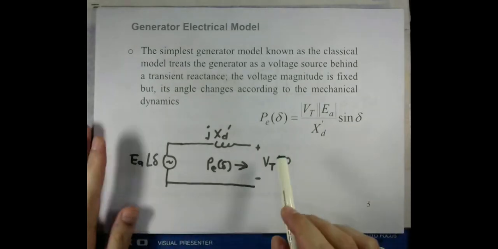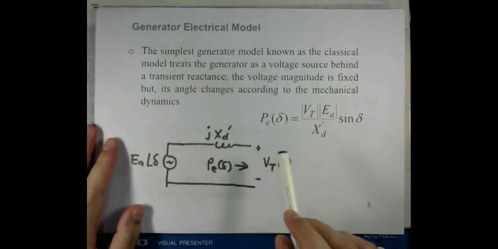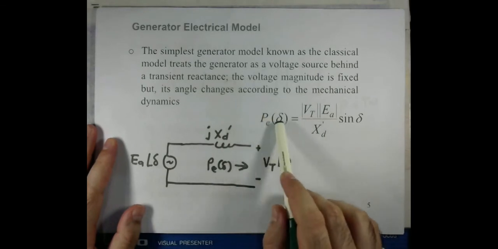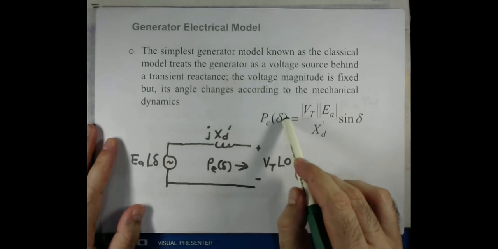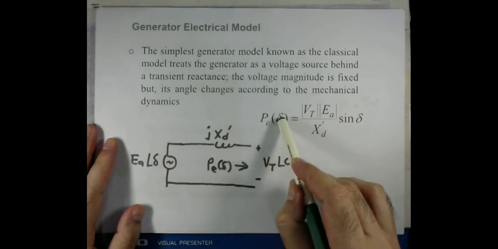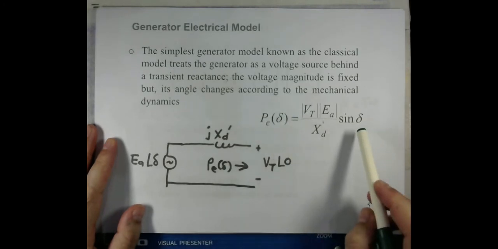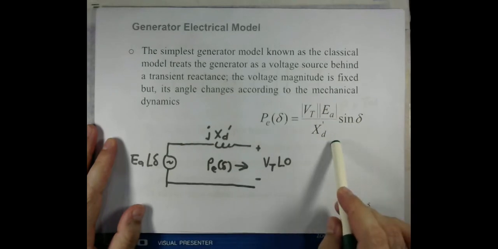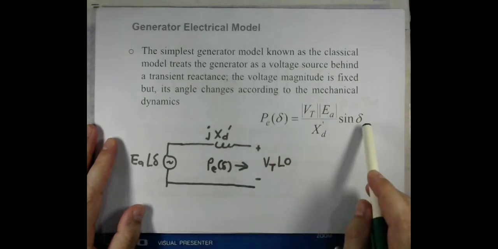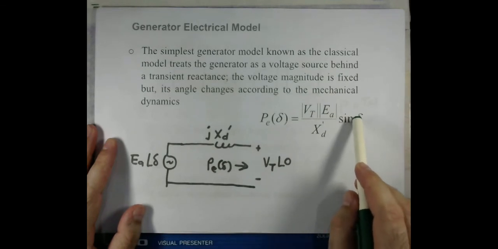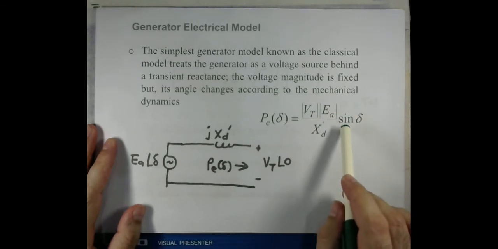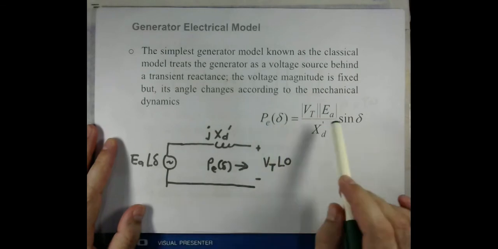We first discussed the electrical model, where the electrical power, or the active power, is related with the load angle. This is the expression where the active power is sensitive to the load angle, and the sine term is also there in the expression.